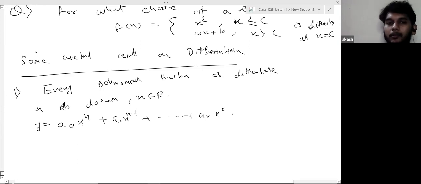Every polynomial function is differentiable in its domain. If any question asks you about this, you can write directly that this is a polynomial function, and a polynomial function is differentiable at every point. All right.